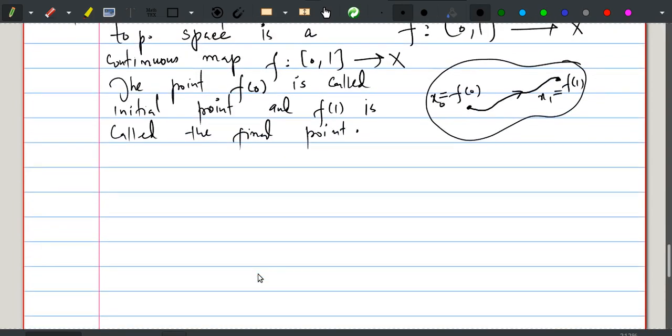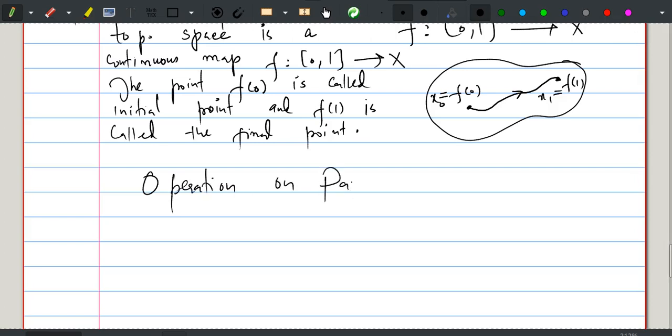Now we can define multiple paths, and we have different operations on paths. For example, we can define the inverse path.